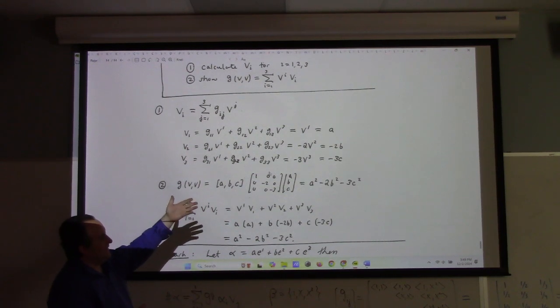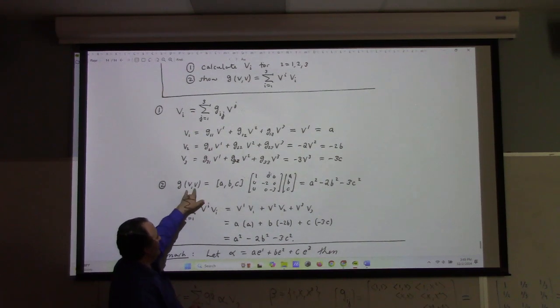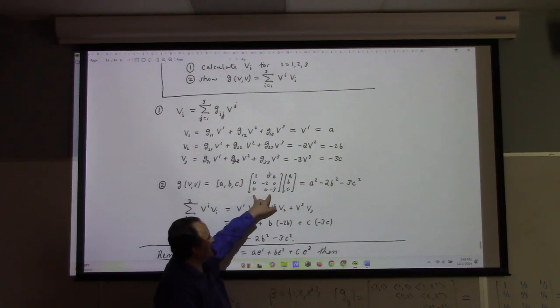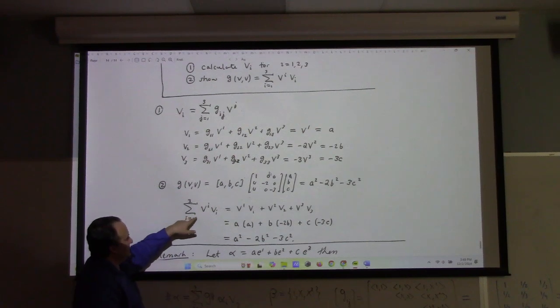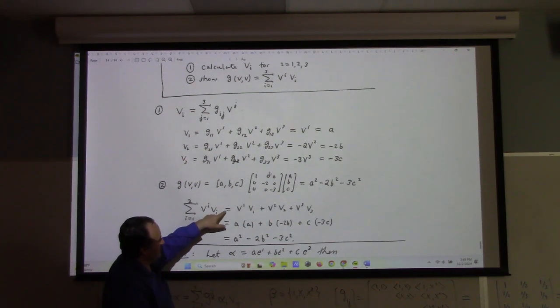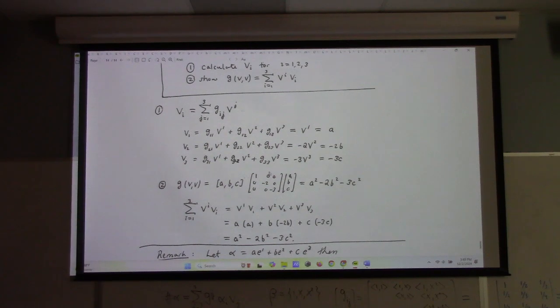And so I just get that, and that. And then to check my answer, I calculate GVV, which is this times that, right? V transpose, the matrix, times V, which gives me that. But on the other hand, when I calculate the contravariant contracted against the covariant index, I also get the same thing, which was what's supposed to happen.